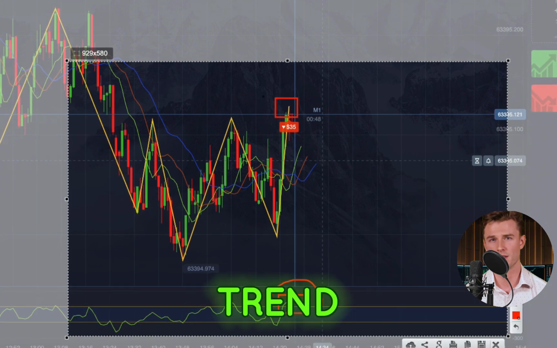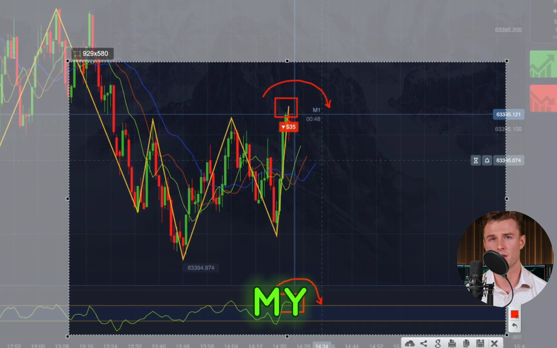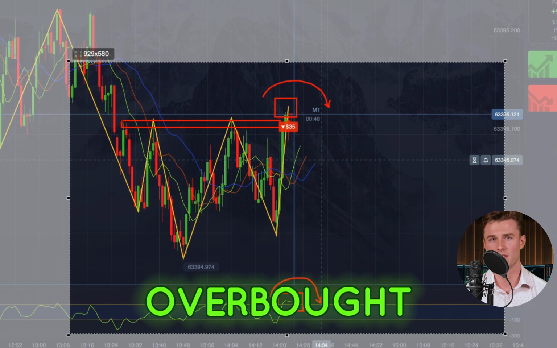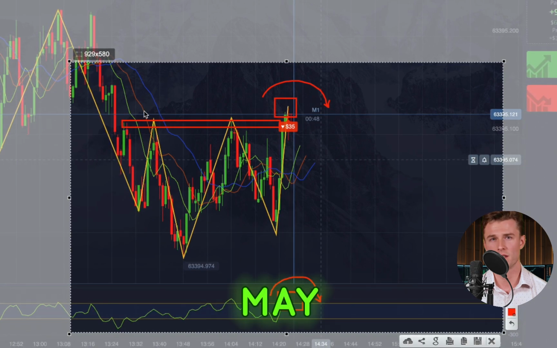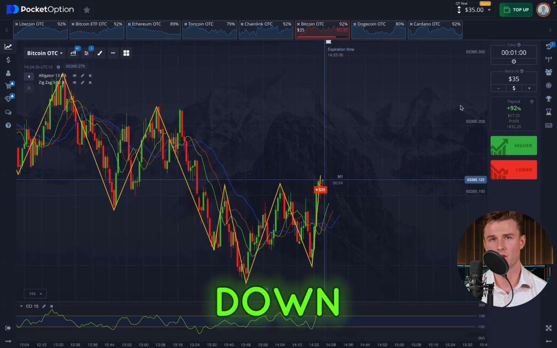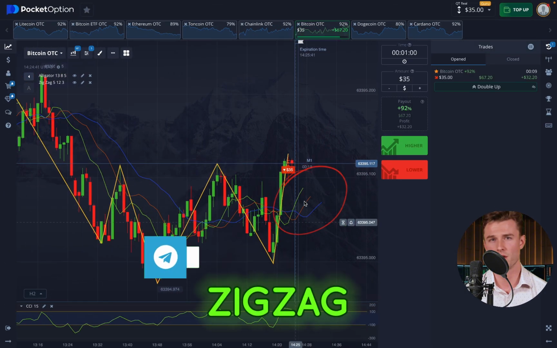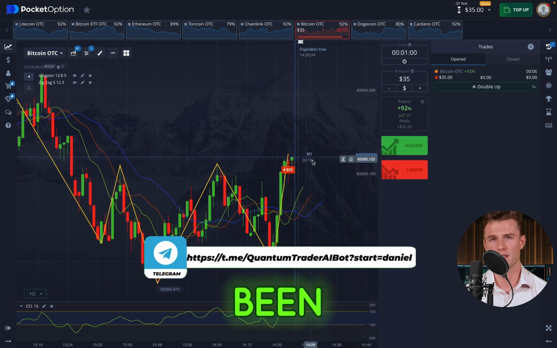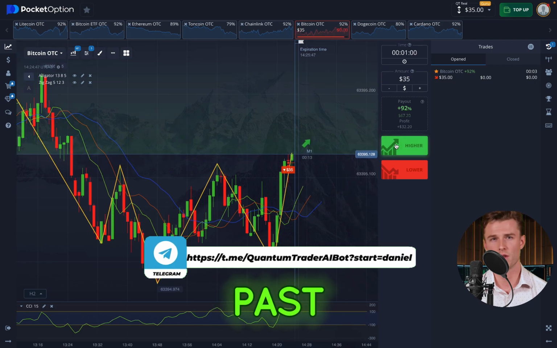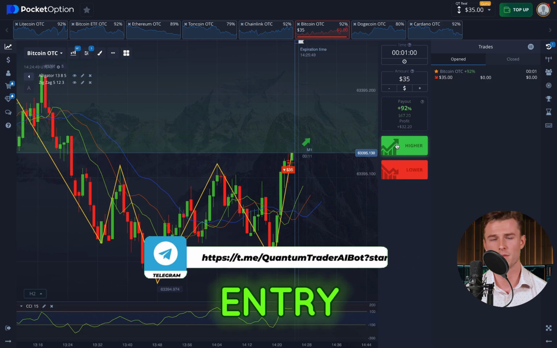Open against the trend based on the fact that my moving line oscillator is in the overbought area. There may be an exit down and a local maximum has also formed on the zigzag. There has been a breakout of the past two touch points, and that's why I have this entry logic now.